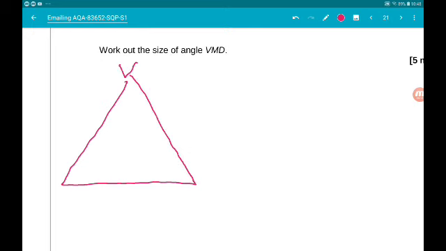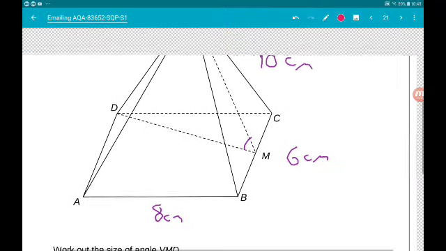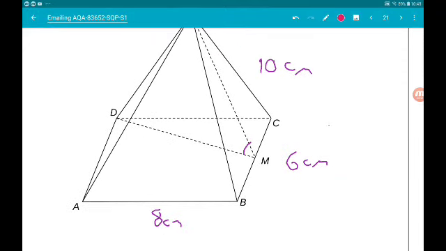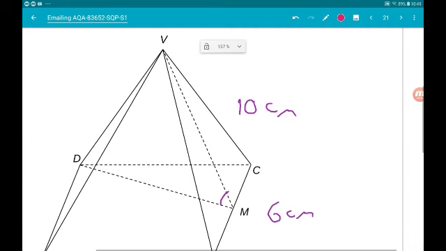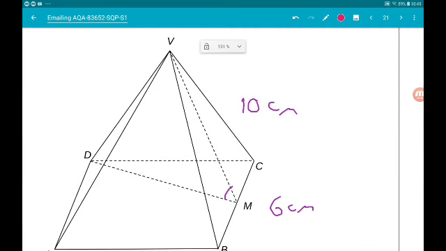So there's V, there's M, and there's D. Now, this is going to be non-right angled, so it's not circular. Let's think. We can work out the length VM.